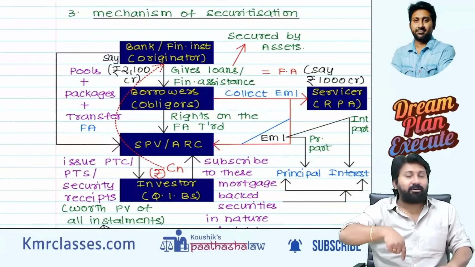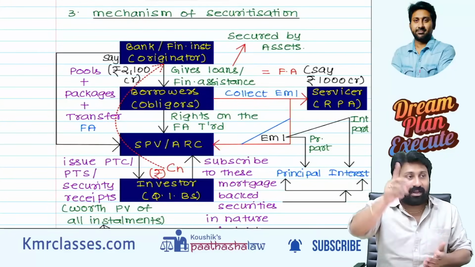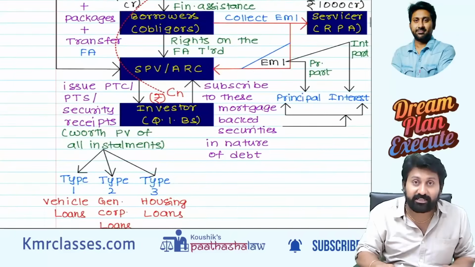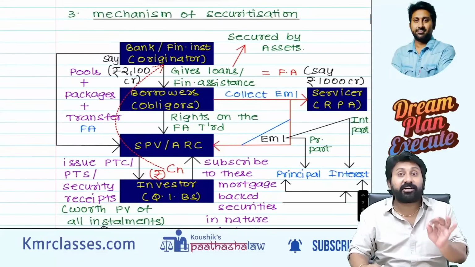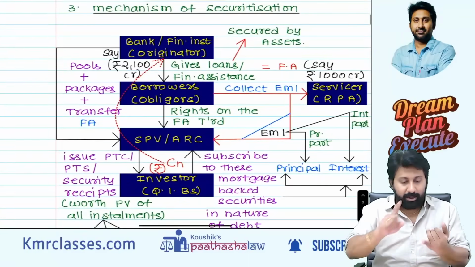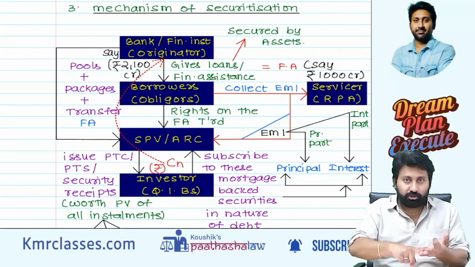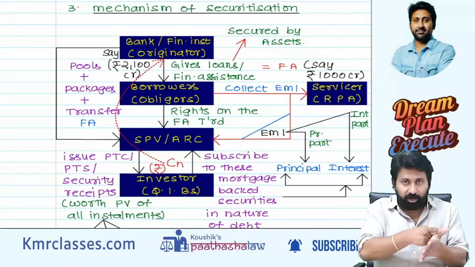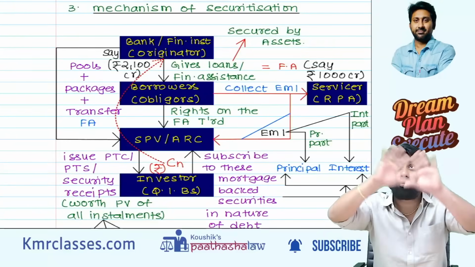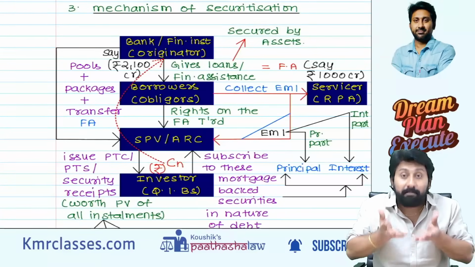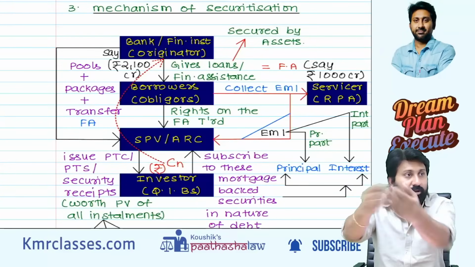If the bank itself has a problem, where do we have to go? Then the heroes in this area come into the picture: QIBs, qualified institutional buyers. Who are they? Pension funds, insurance funds, mutual funds, banks, foreign institutional investors. So many people are there throughout the globe who have money, but they don't know where to invest.